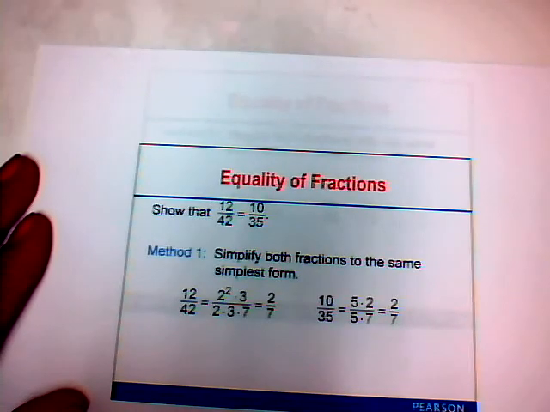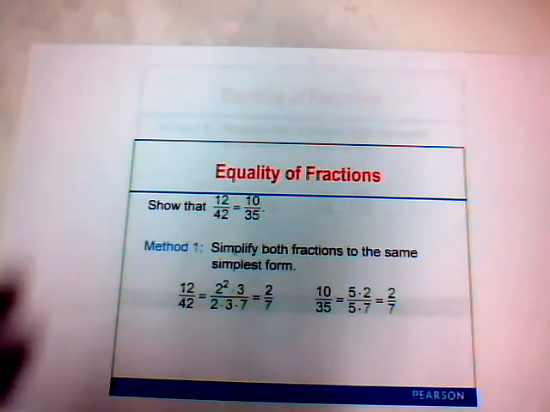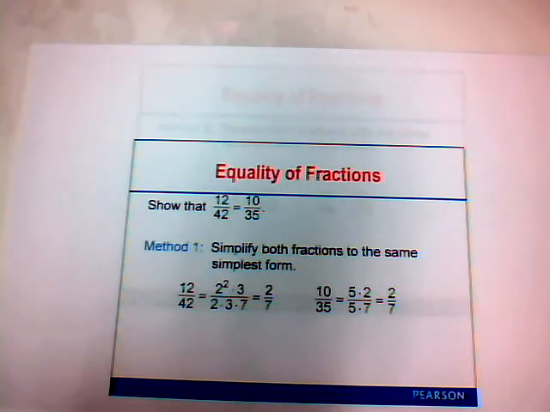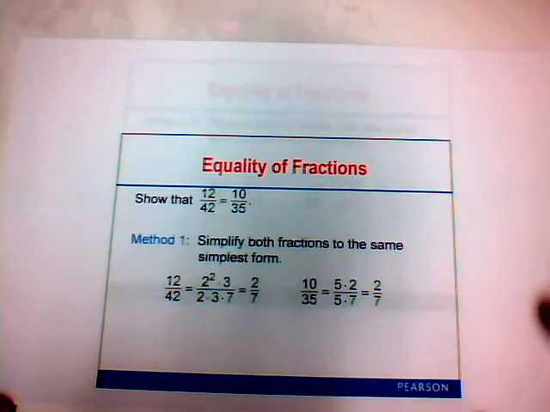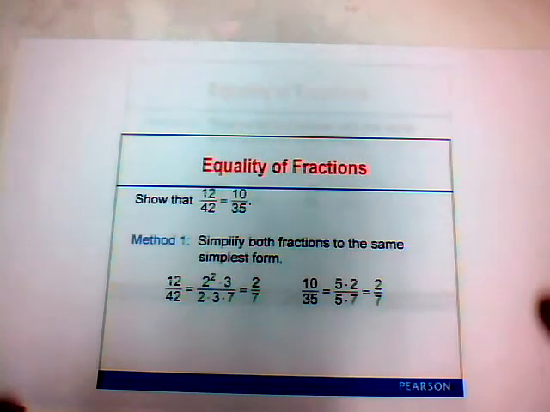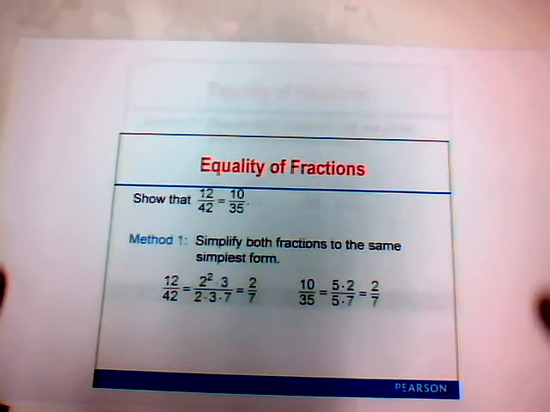Let's look at the equality of fractions. Let's say we want to show that 12 over 42 is equal to 10 over 35. There are some methods that we can use to show that one fraction is equivalent to another.